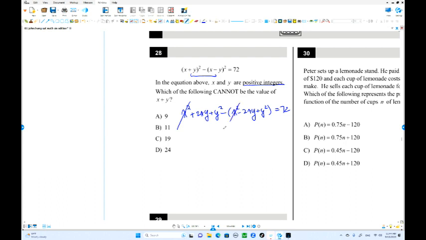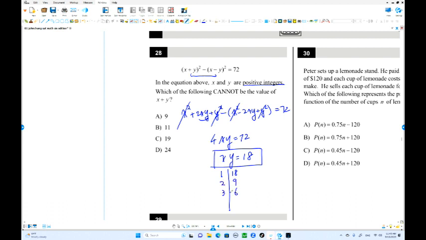You can see the x squared is out, y squared is out. So 2xy minus negative 2xy, that is 4xy equals 72. From here, you can see that x times y will be 18. This is our simplest form. But it should be positive. How many possible positive pairs? 1 times 18, 2 times 9, 3 times 6.